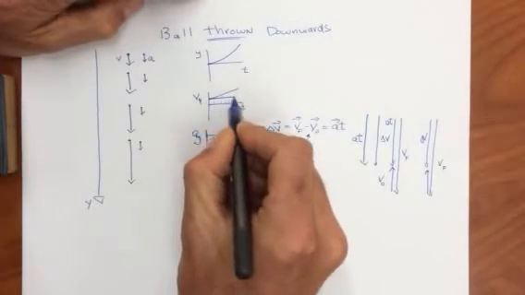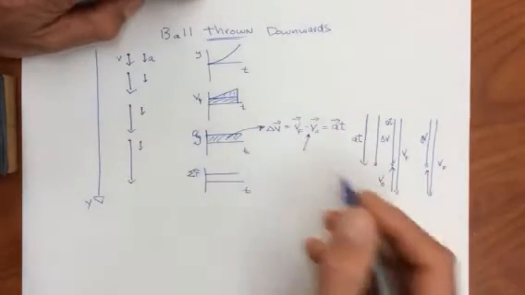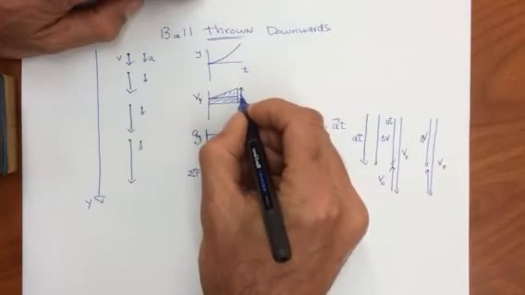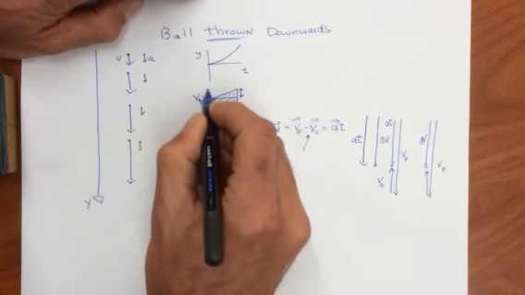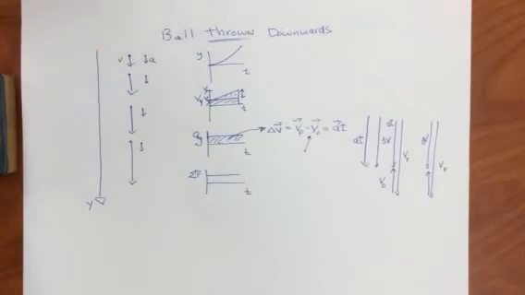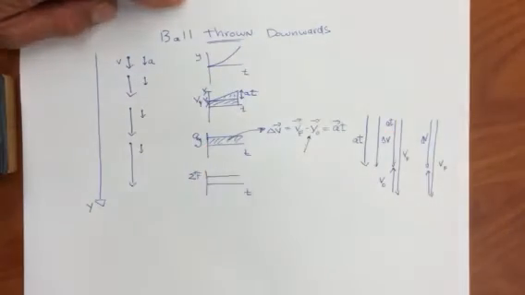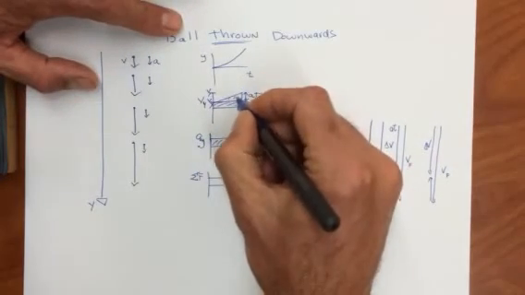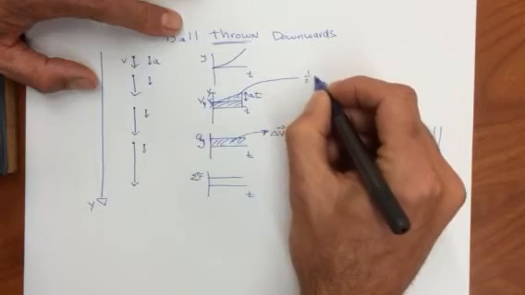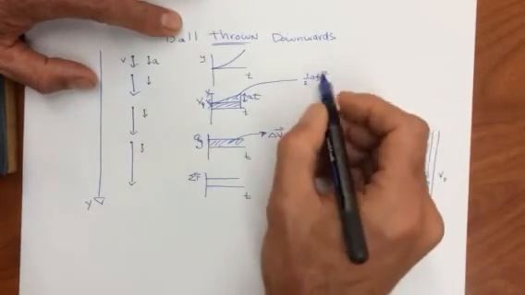Now, if I look at this here, I have a rectangle and a triangle. Well, this part is going to be my beginning velocity in the y direction. That's going to be my final velocity in the y direction. So this is always going to be my change in velocity, which has a magnitude of AT. So what I'm looking at here is 1/2 AT squared, because I have a base that is a length of t.